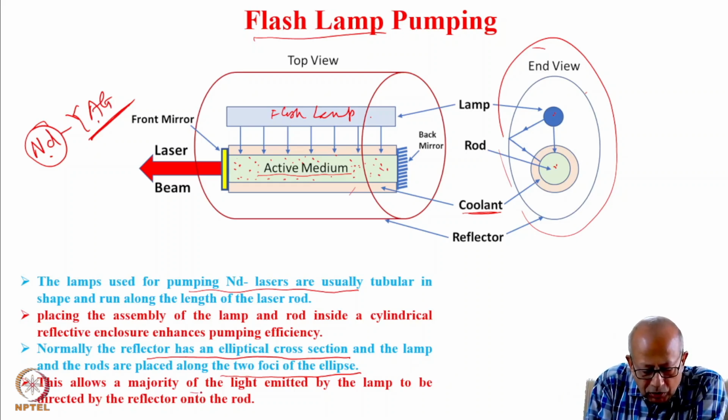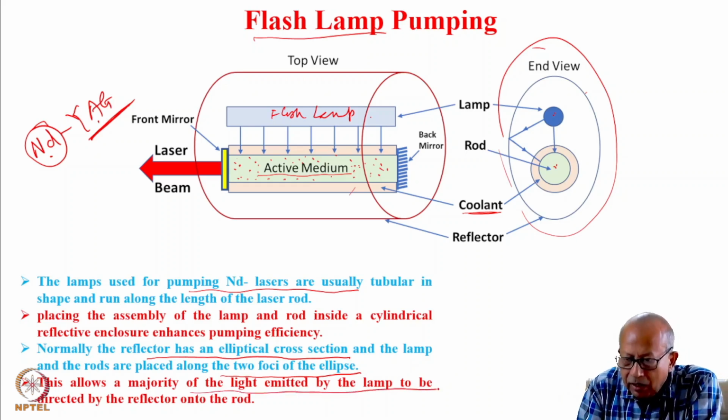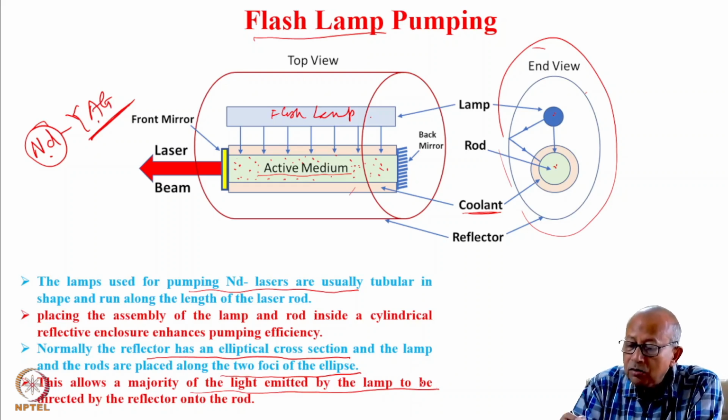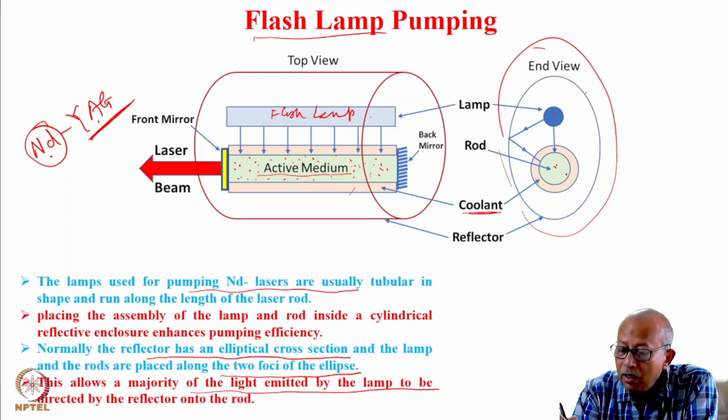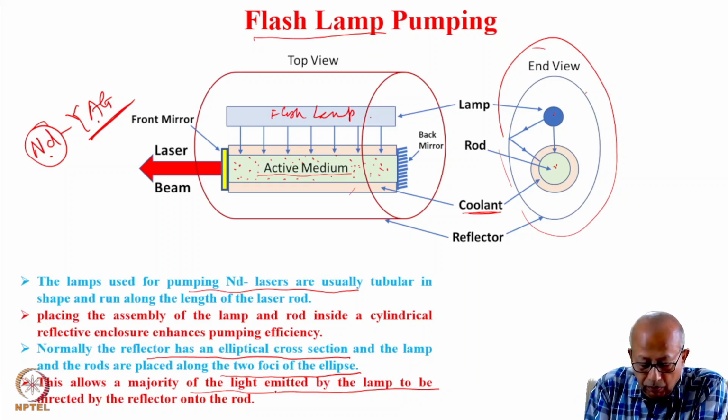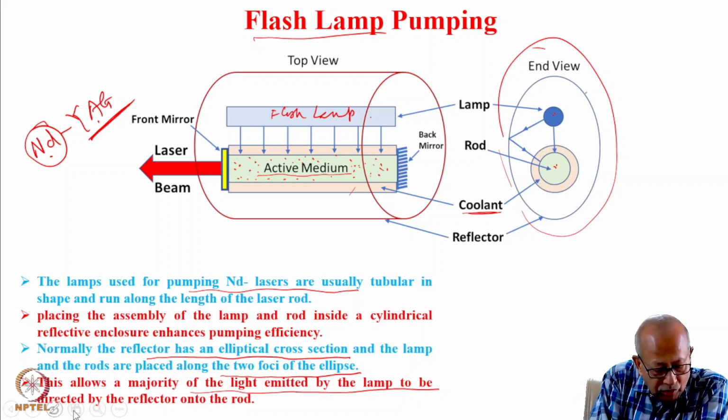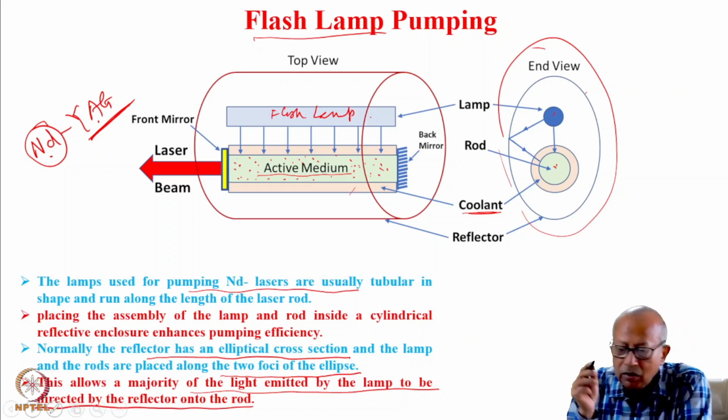This allows a majority of the light emitted by the lamp, rather than escaping light which doesn't travel towards the rod, to be directed by the reflector onto the rod.